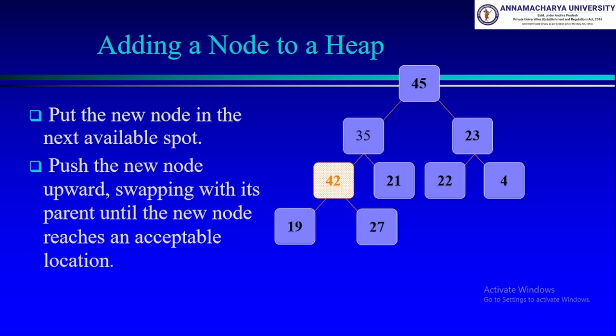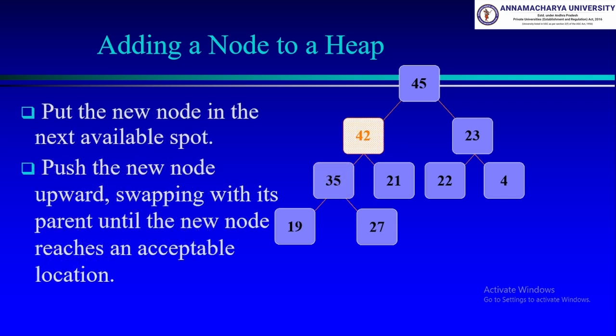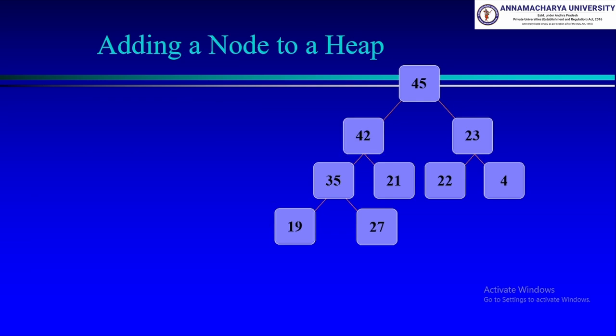Then the same is verified for the remaining nodes upwards, like 32, 35 and 42. 42 is the higher value, so it moves upwards past the 35 node. And similarly, 45 and 42 are compared, and swapping is not required because 45 is a higher value and 42 is a lower value.